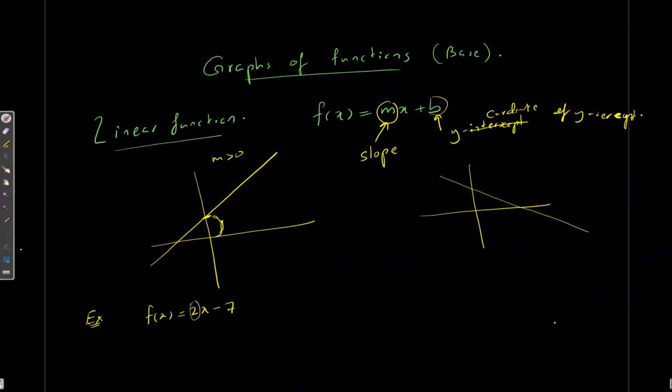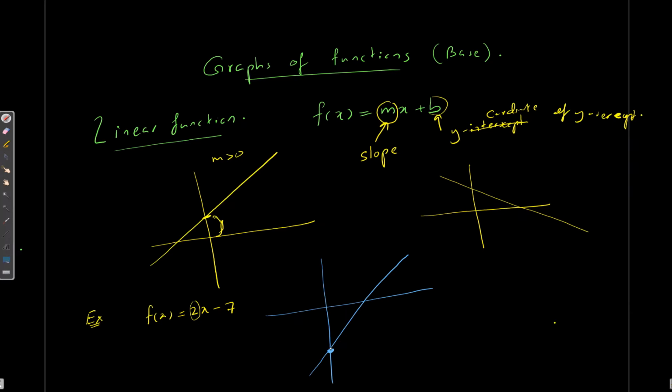So the slope is positive, you have this kind of shape, and because of minus 7, it intersects your y-axis at negative 7, somewhere here, right?